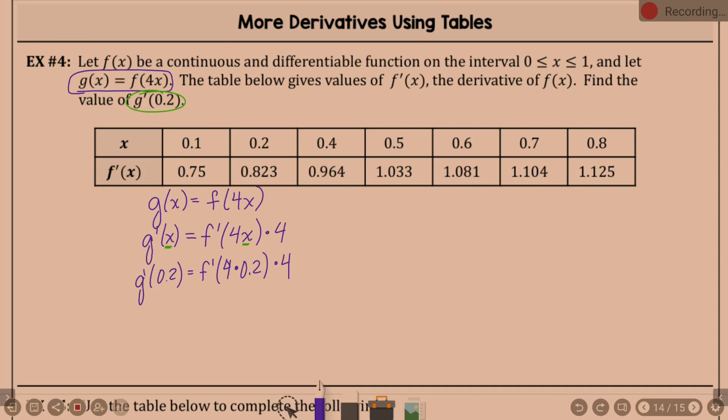What is 4 times 2/10? 8/10. So I'm going to put this 4 out front. I'm doing 4 times f prime of 8/10. Do we know f prime of 8/10? We do. So g prime of 2/10 is going to be 4 times 1.125.